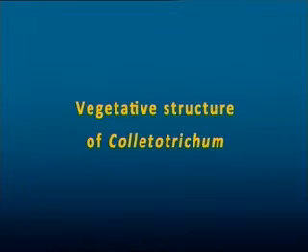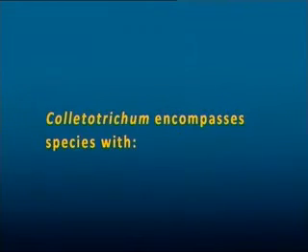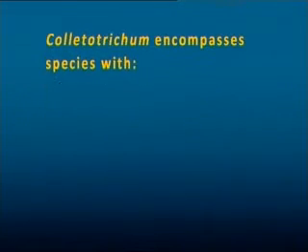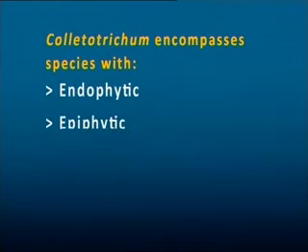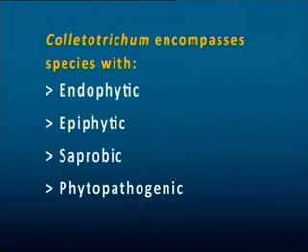Now, vegetative structure of Colletotrichum. Colletotrichum encompasses species with endophytic, epiphytic, saprobic, and phytopathogenic lifestyles. The mycelium is endophytic, that is internal, septate and branched. Hyphae grow both intercellularly and intracellularly.